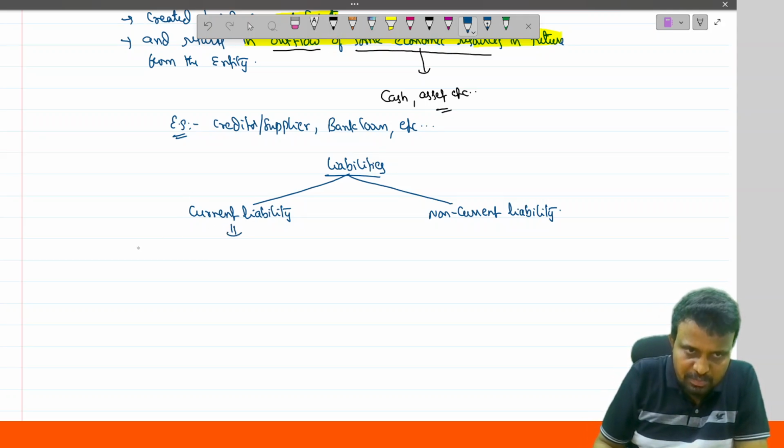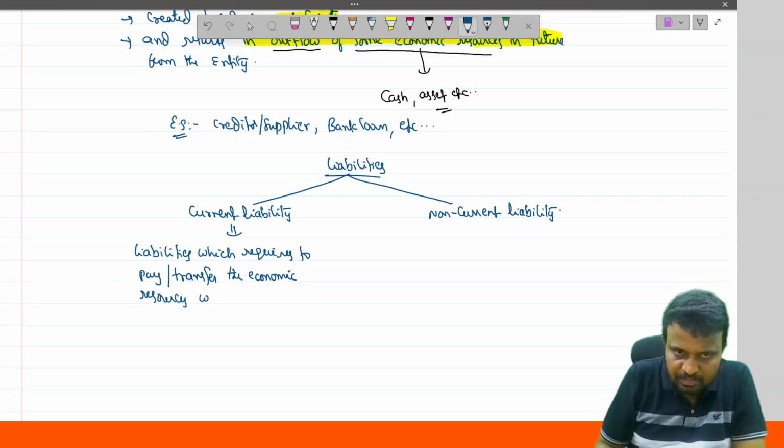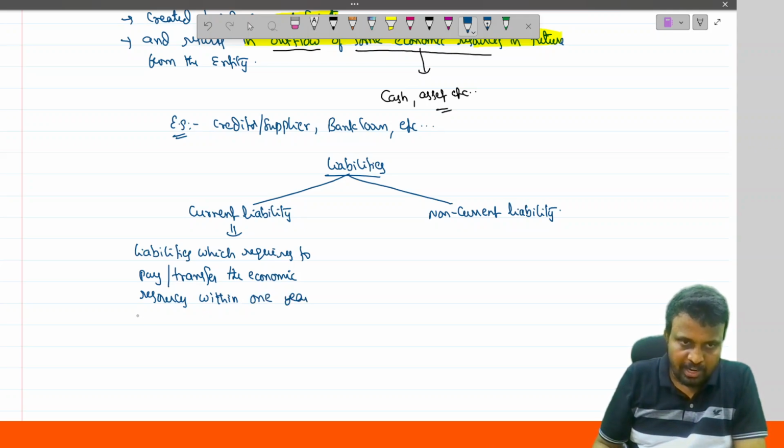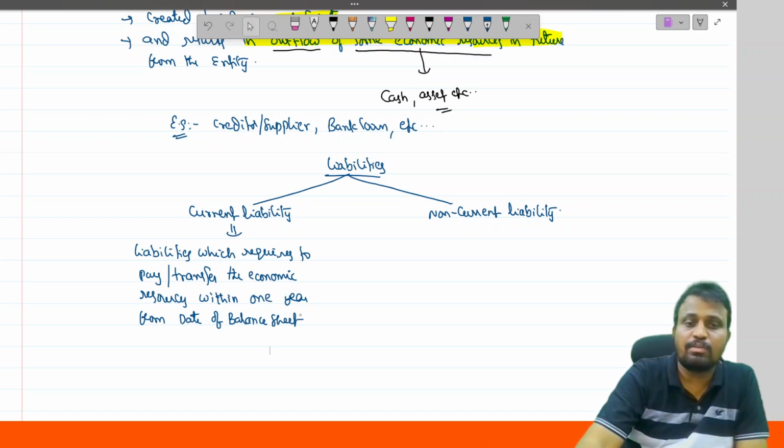Current liability stands for the liabilities which require to pay or transfer the economic resources within 1 year from the date of balance sheet.